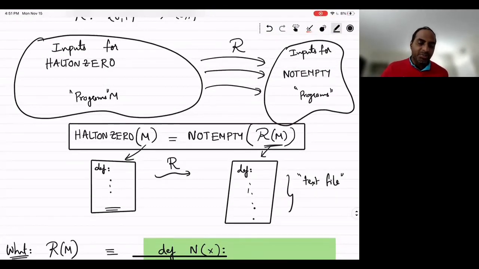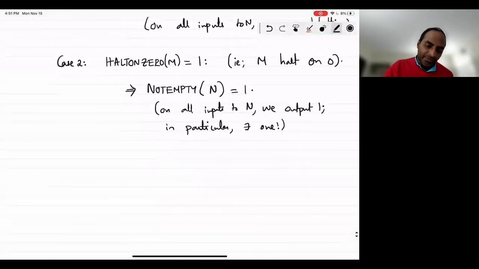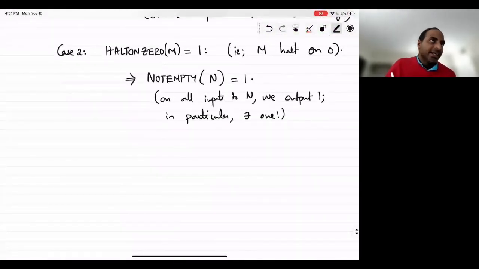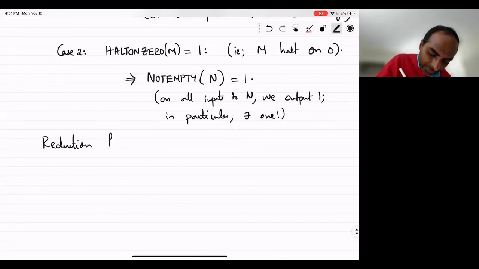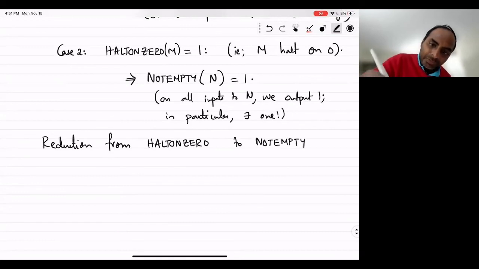For all things, the behavior of halt on 0 is exactly captured by the behavior of not empty on the transformed input. So what does this buy us? It tells us that we have a reduction from halt on 0 to not empty.